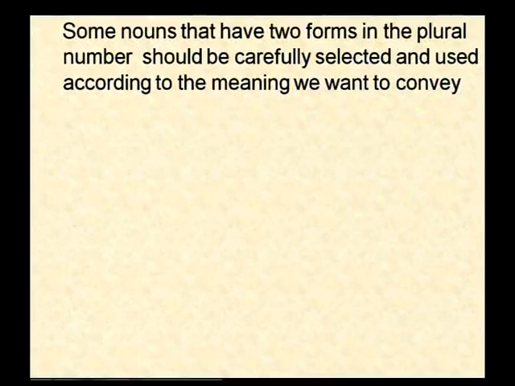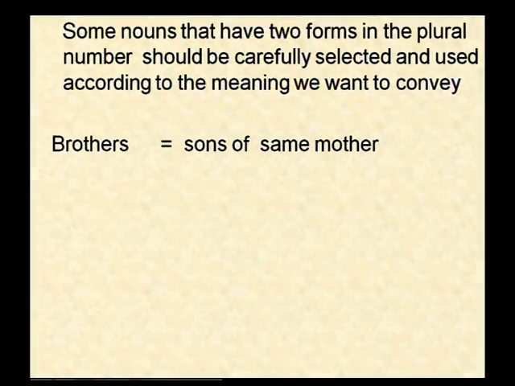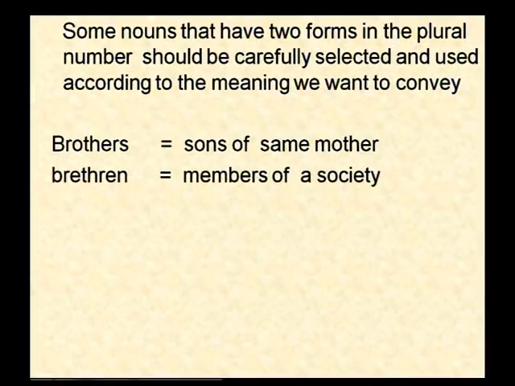Some nouns that have two forms in the plural number should be carefully selected and used according to the meaning we want to convey. For example, brothers means sons of the same mother. Brother is singular, brothers is plural. When you say brethren, it means members of a society.